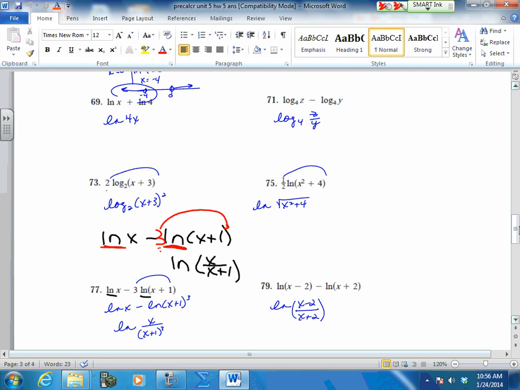The radical is if this is a fraction. So if this is a fraction and it says 1/2 ln x plus 1, then when I bring this 1/2 up, the 1/2 fraction is the same as a radical, a square root. Then I can just flip this back to a radical.